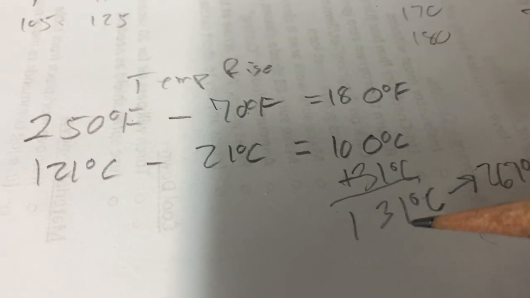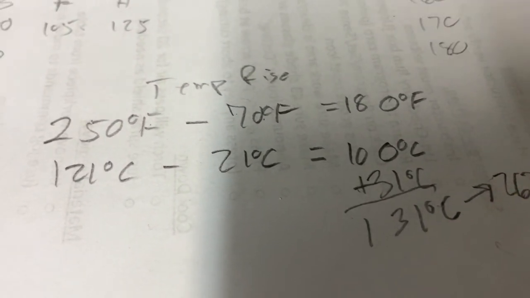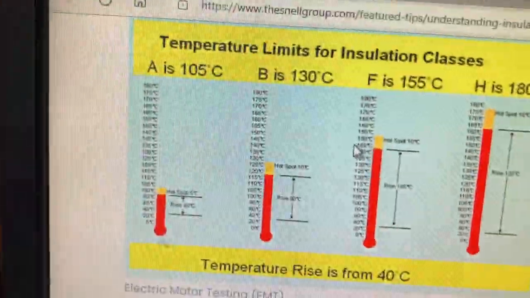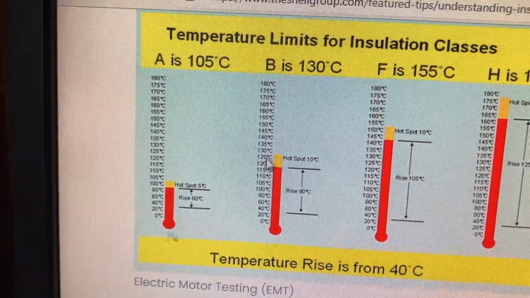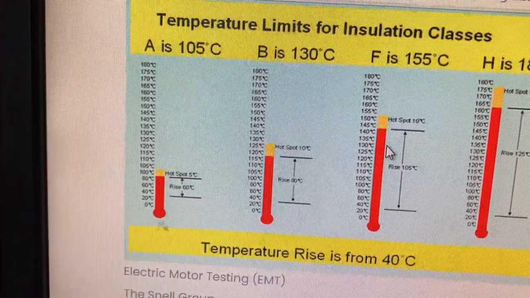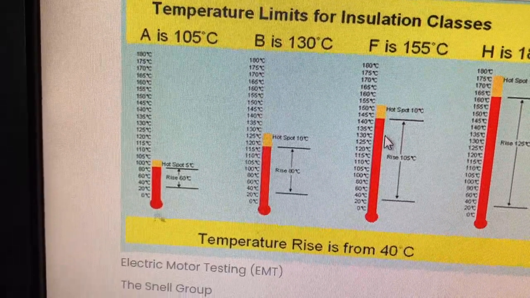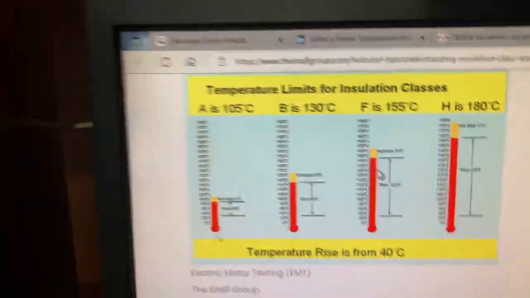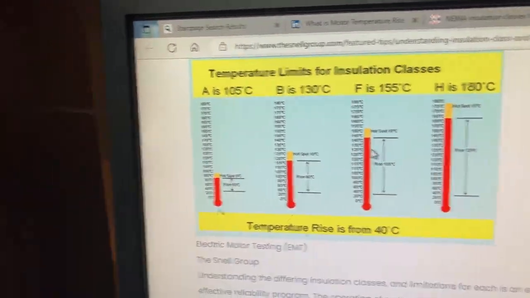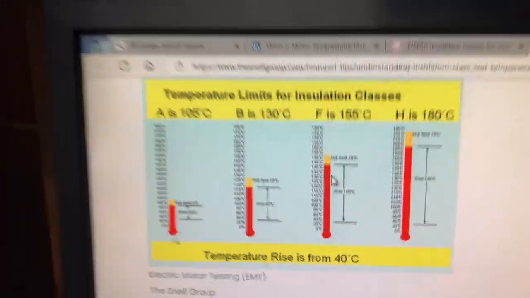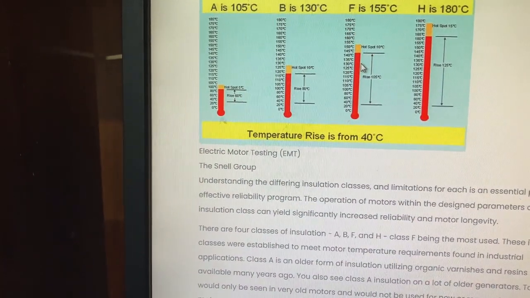So we need 130 degrees C insulation, and if we go up to our chart somewhere, 131, so class B won't do it, but 131, we can get away with class F insulation. 131, 160. I'm thinking it should be all right.